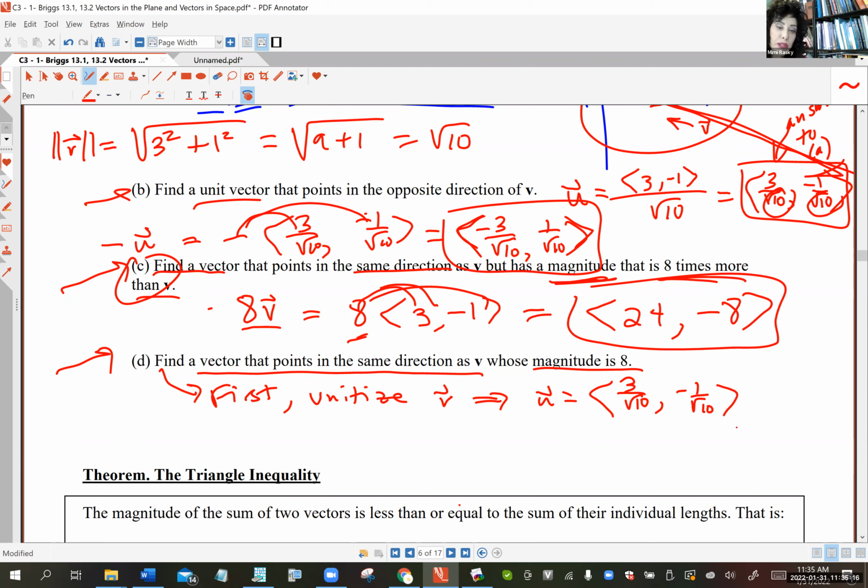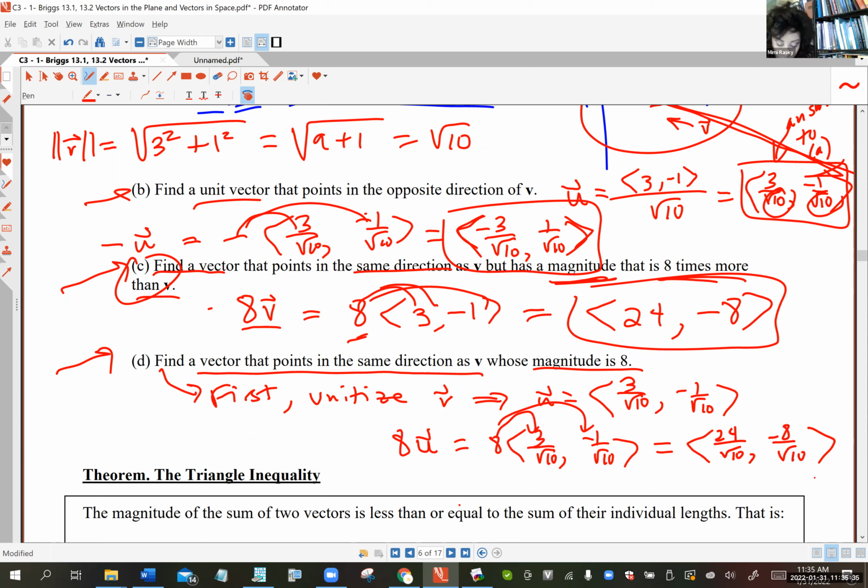Once you have your unit vector in hand, then you multiply him by 8. And this is guaranteed to give you a vector whose magnitude is exactly 8. So don't forget to distribute your scalar there, and your final answer is going to be the vector whose components are 24 over square root of 10 and negative 8 over square root of 10. Okay?